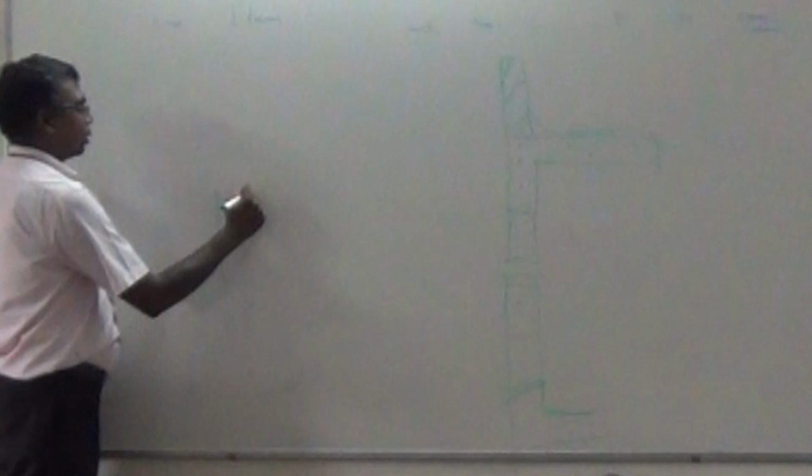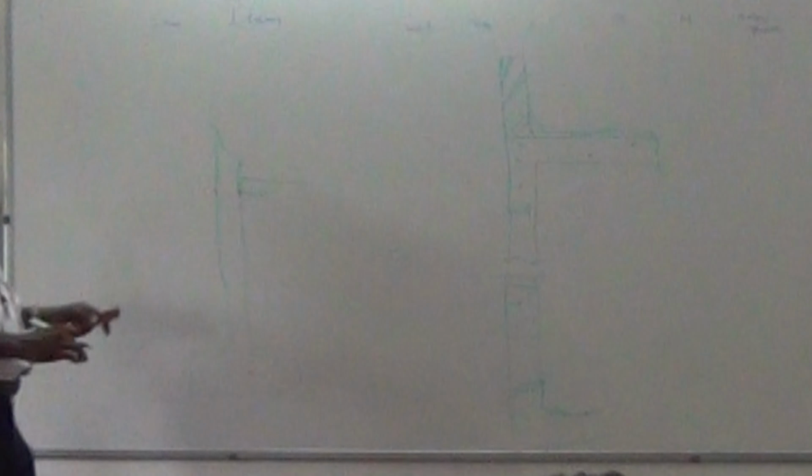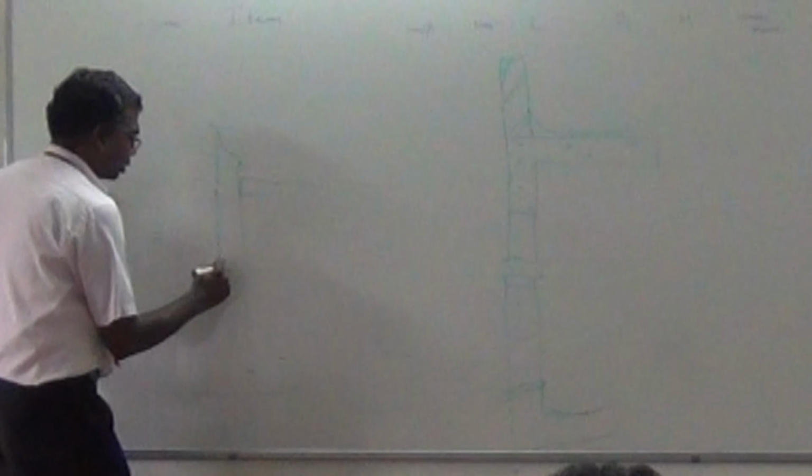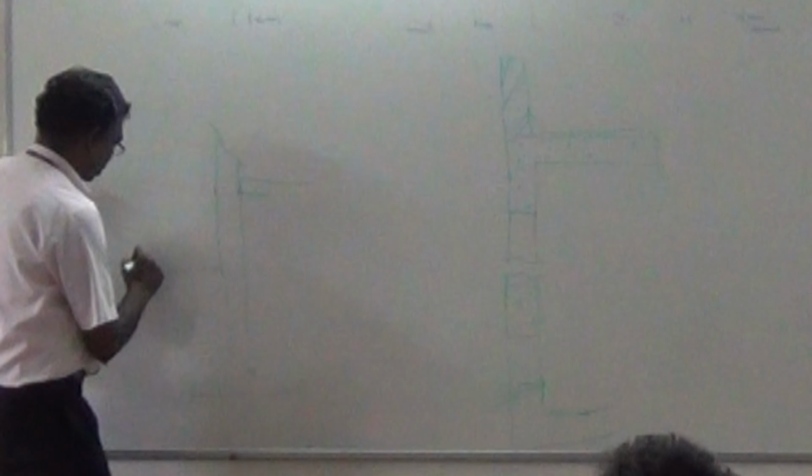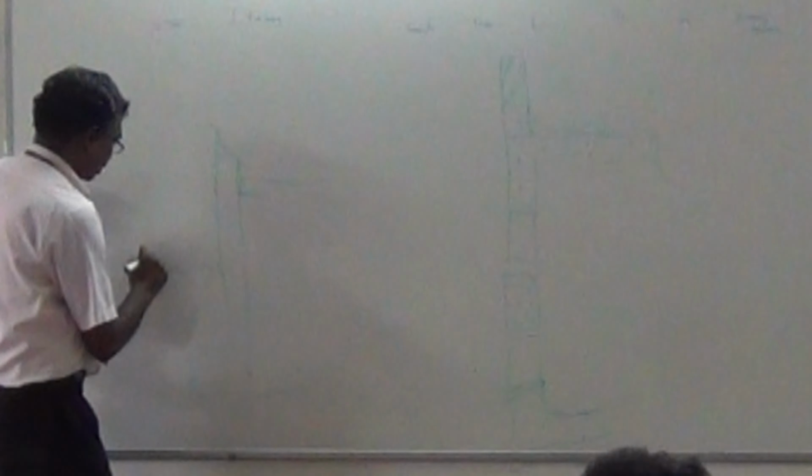It doesn't have to be integral with the column. It can just rest on the finished ground. You are going to finish the ground and keep it. So this will be the finished ground level, FGL. This will be the finished floor level.